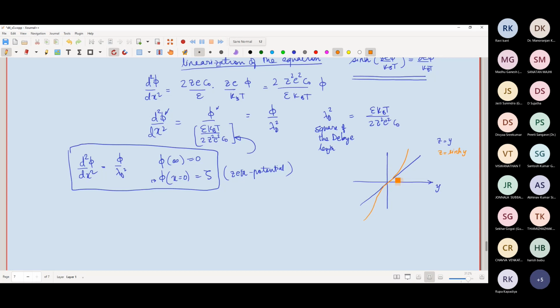If they match only till this distance, then we will say that when y is less than y threshold, you can approximate sinh y with y. Does that make sense? Yes, sir. So let me quickly plot it in MATLAB and show you.